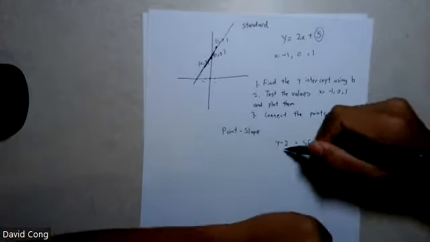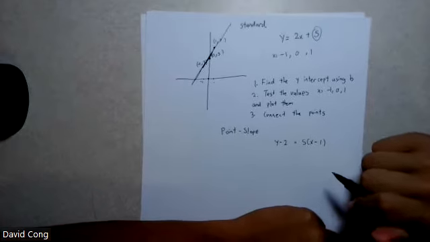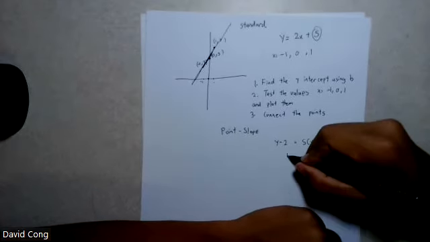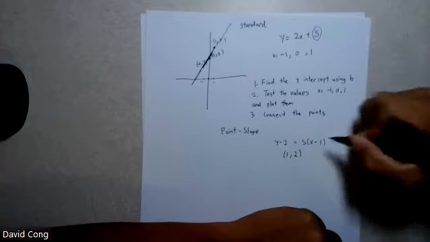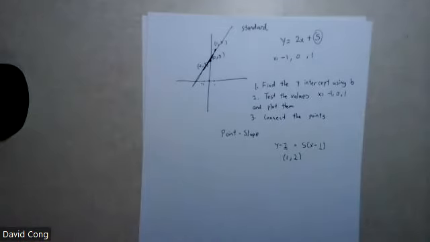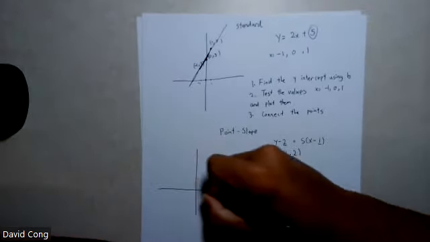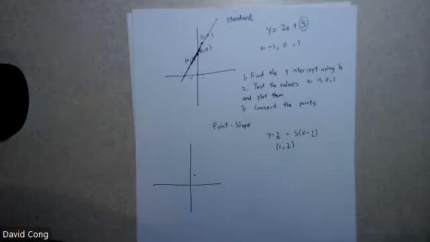We already have a point and we have a slope. So we know one point that exists on this graph is 1, 2, using this and this. So we take our graph, we find 1, 2, and then we test the points 1 greater and 1 less.